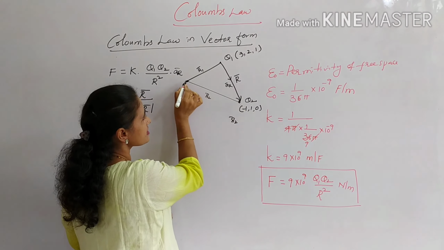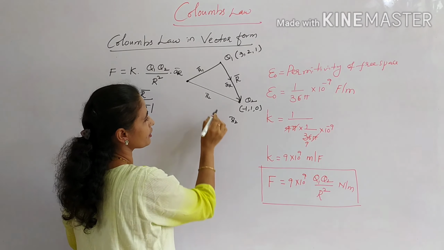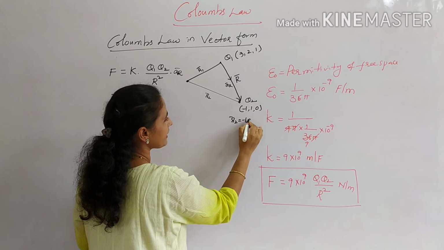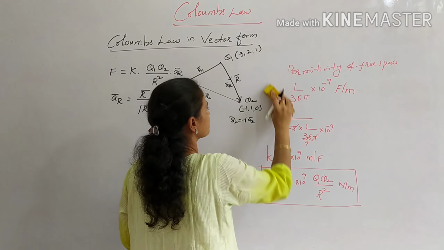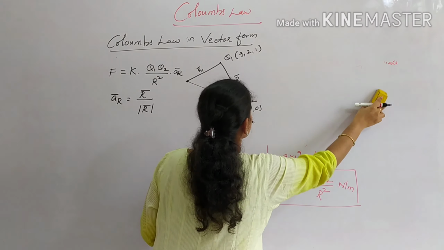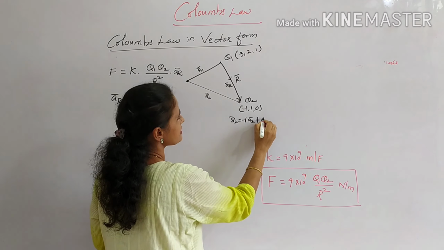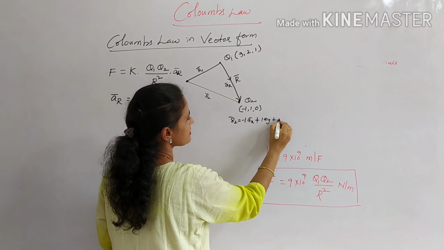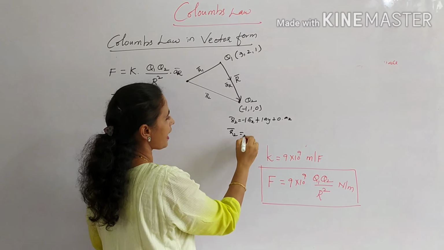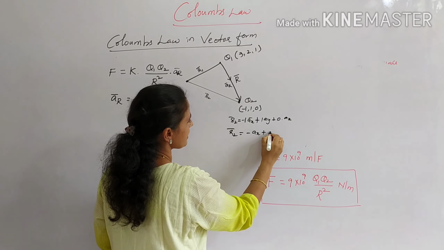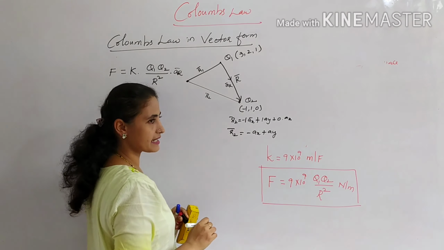This is a distance vector from the origin, given by -1 ax plus 1 ay plus 0 into az. So in whole, r2 bar is -ax plus ay, and the az term is 0.